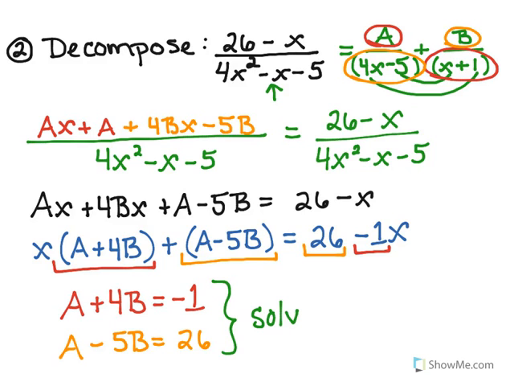Again, I'm going to use elimination. You could use substitution if you wanted to. It'd be easy enough to do here. But it's also very easy to eliminate the a's right away. So I have, again, just rewriting the problem here, a plus 4b equals negative 1, and a minus 5b equals 26.